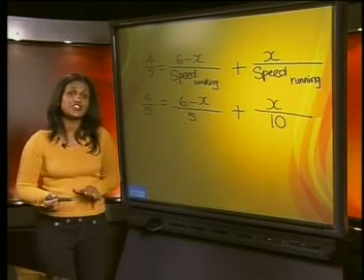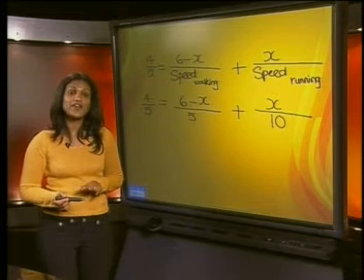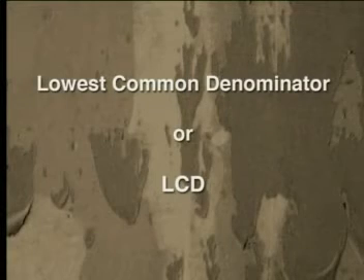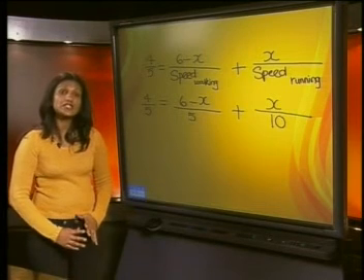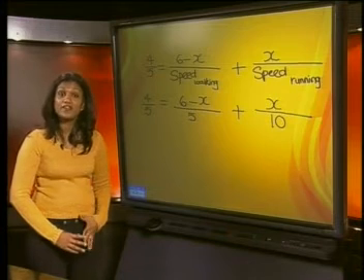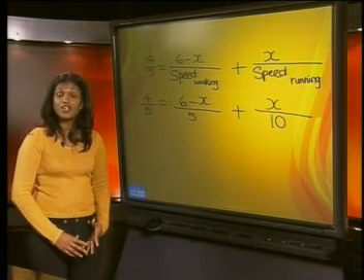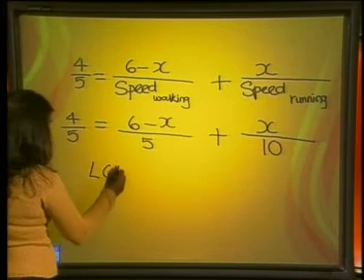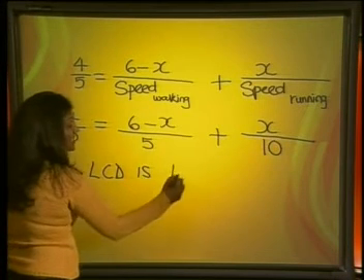Now to make our calculations easier, we always try to find the lowest or smallest common multiple in the denominator. This is also known as the lowest common denominator, or LCD. We know that the lowest number that 5 and 10 can both divide into is 10. So this means that our LCD is 10.